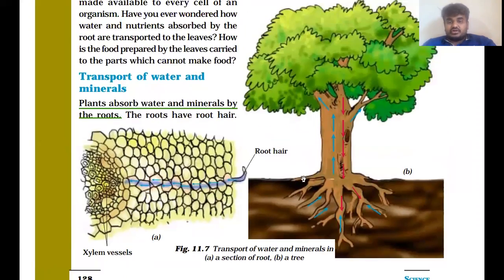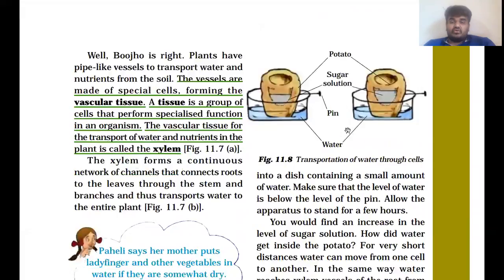The process shown with the blue arrow, from the root hair or root to the leaves, is done by xylem, whereas the food prepared by the leaves goes to the other parts of the plant and is transported with the help of the phloem.